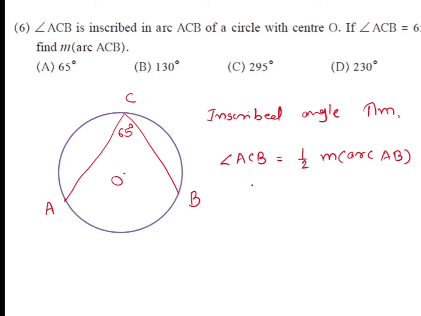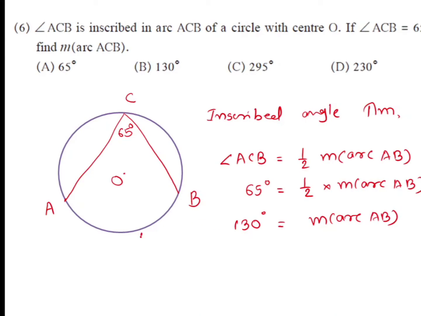Now angle ACB is given to be 65 degree, that is equal to half of measure of arc AB. Now if we take 1/2 to the left hand side, it will be in the numerator. So as to get 65 degree into 2, that's 130 degree is equal to measure of arc AB.